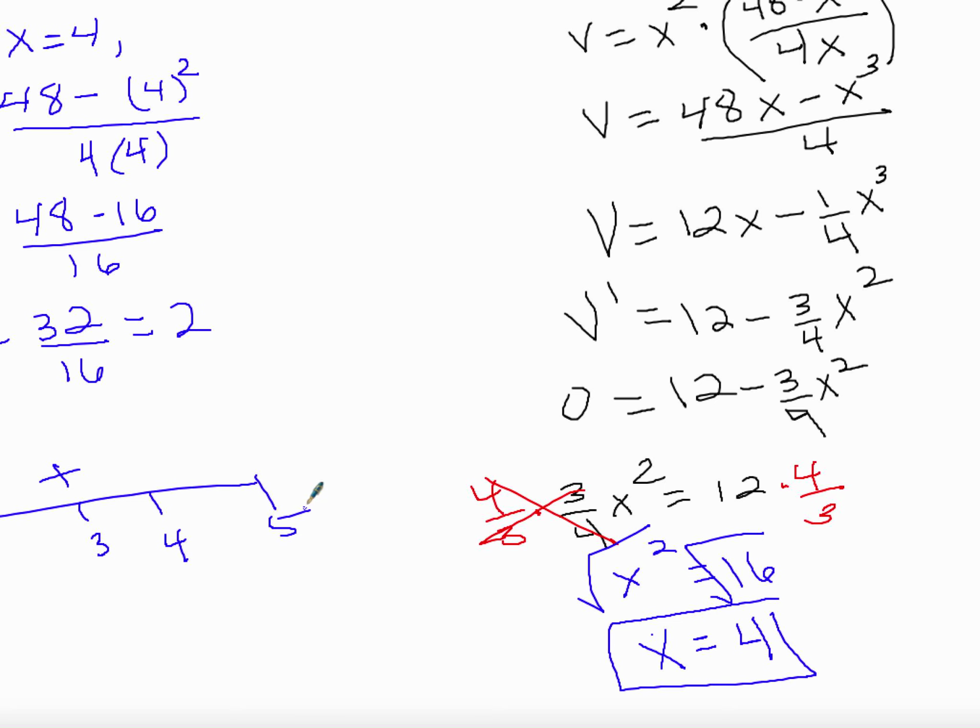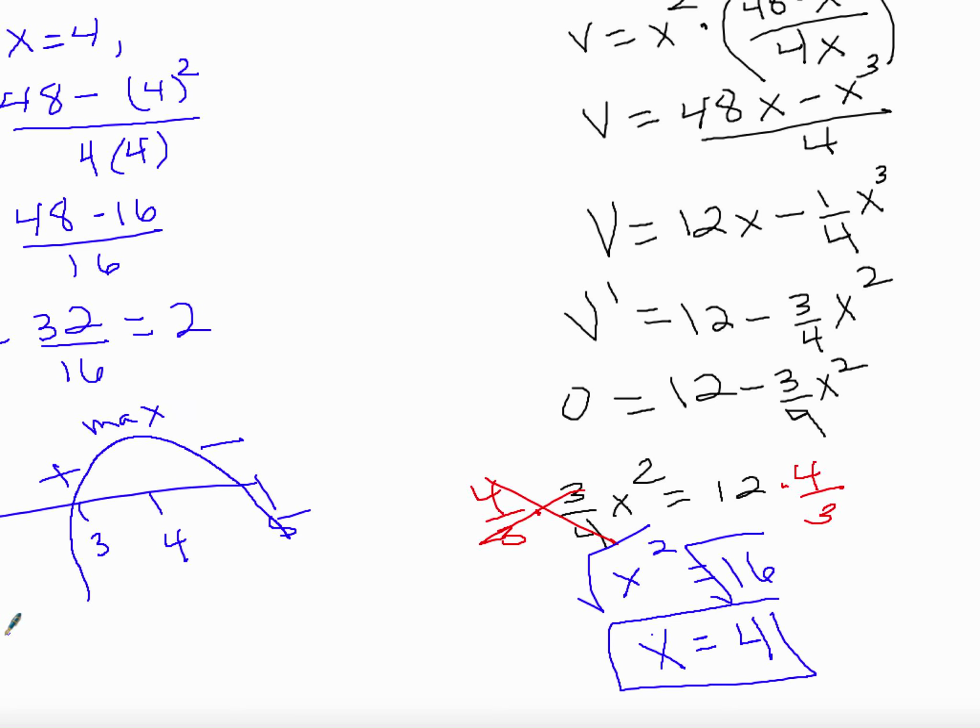If I substitute in 5, 5 squared is 25. 25 times 3/4 is a pretty big number, and 12 minus that larger number is going to be negative. So as I approach 4, we are going to be positive, and after 4 will be negative. That, my friends, is a maximum.